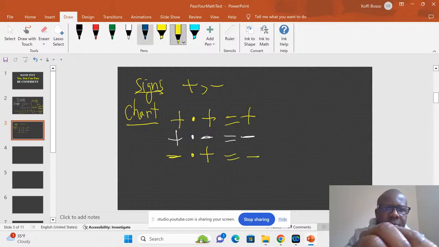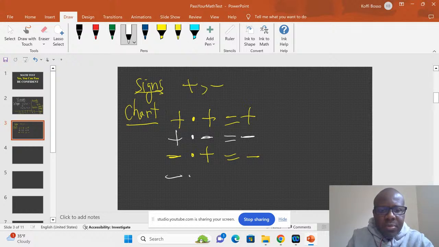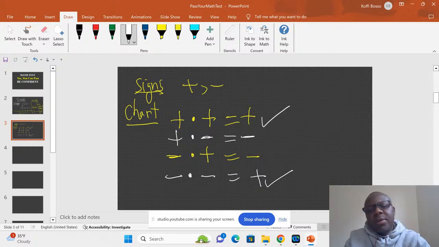And negative multiplied by negative gives you positive. So when the signs are the same, the multiplication gives you a positive sign. When the signs are different, you have a negative.